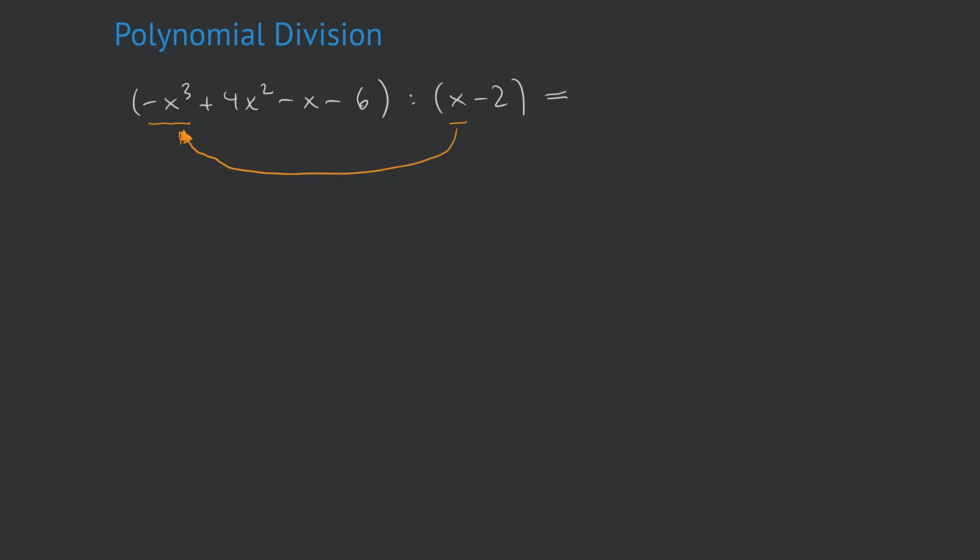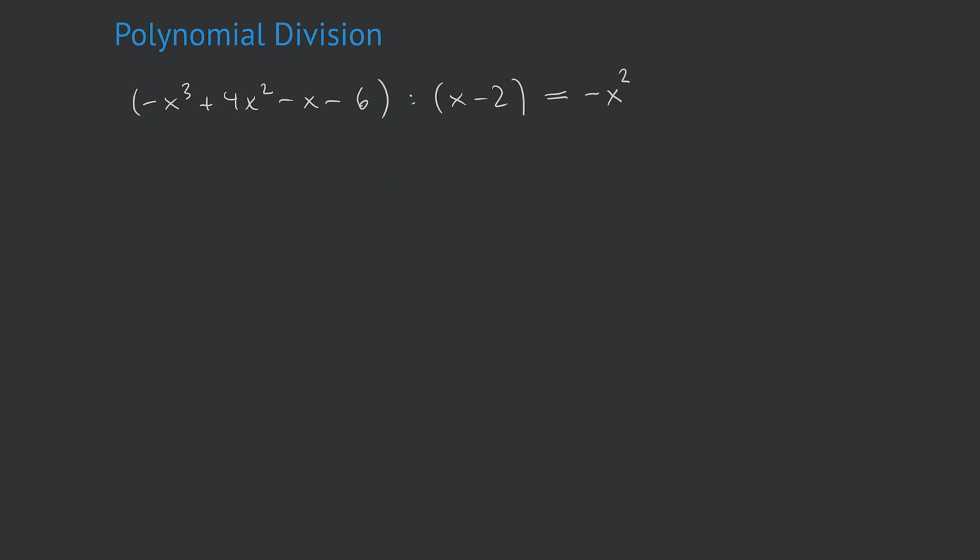In other words, by which expression do we have to multiply x in order to obtain minus x to the third power? The answer is minus x to the second power. And this answer is going to be written here as the first summand of the result, minus x to the second power.